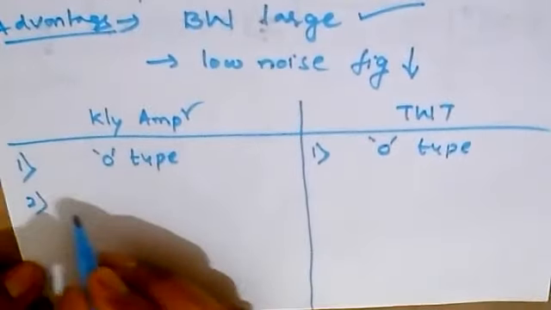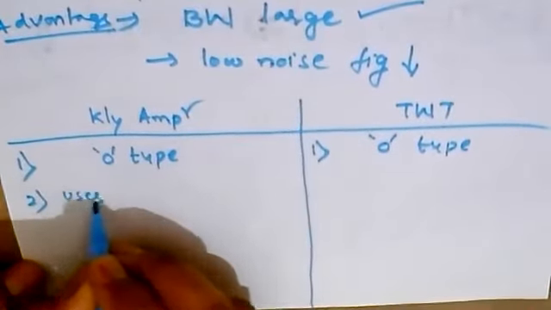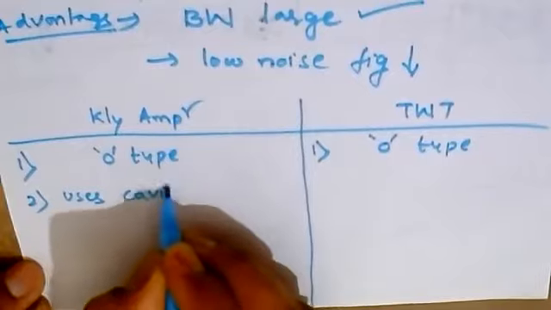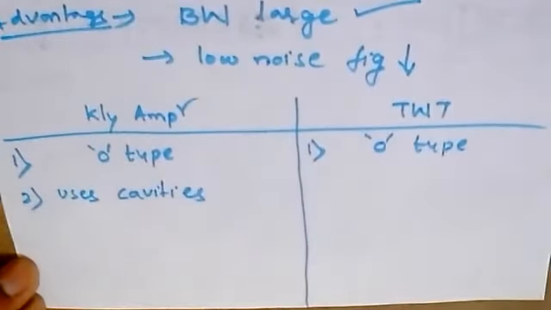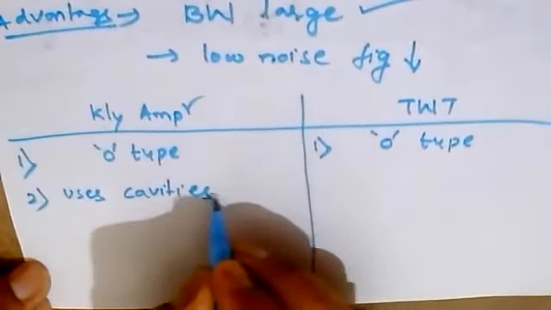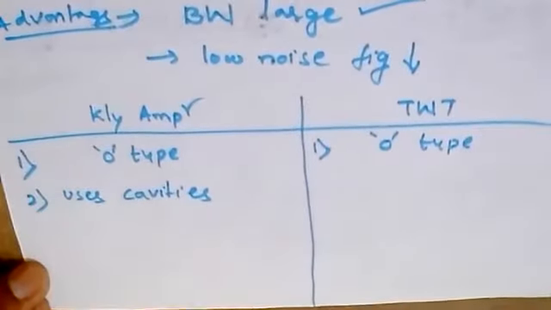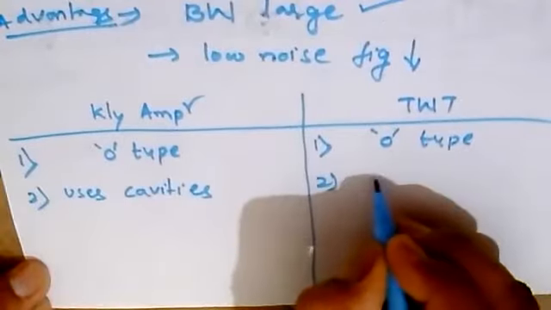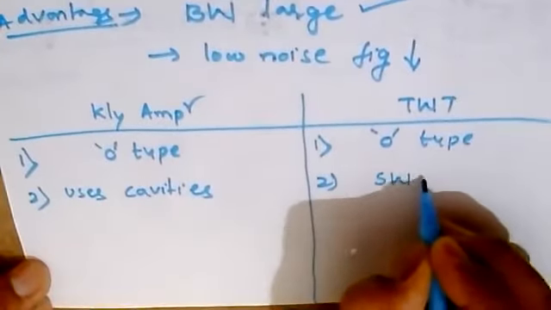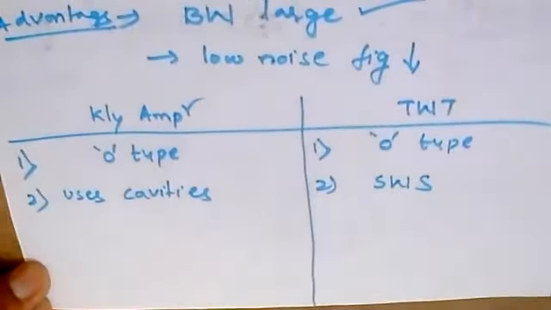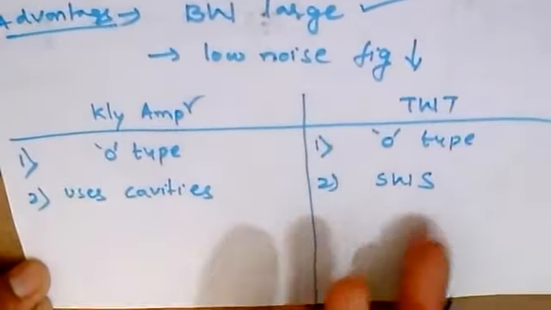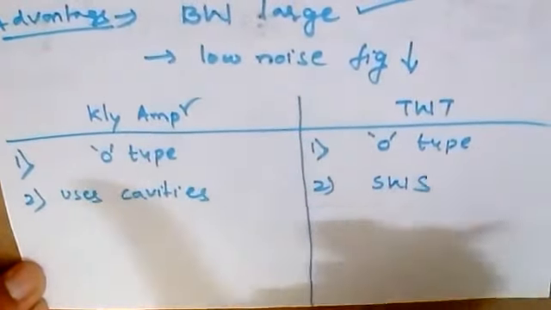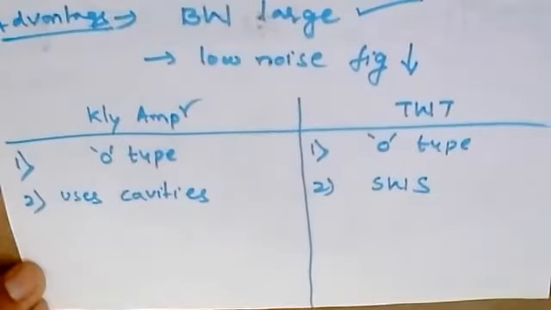The second one is where it uses the cavities. As I said, the klystron uses the cavities for resonance, to maintain the resonant condition. Here, to make it non-resonant, it makes use of slow wave structures, so that the non-resonant condition can be maintained in the traveling wave tube.